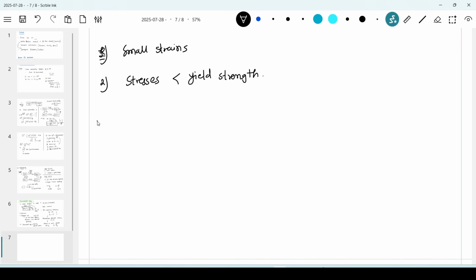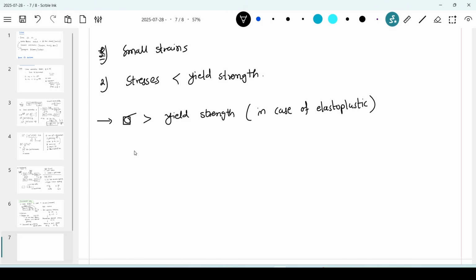So now this is also very clear. What if the stresses are more than yield strength? This is particularly, we know, yield strength is in the case of elastoplastic materials. This is one of the non-linear materials.